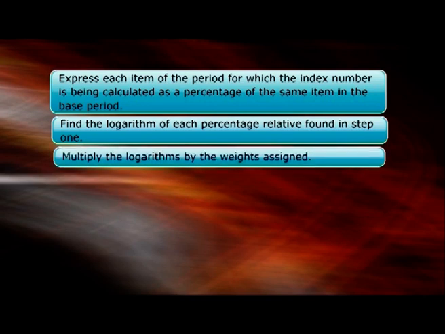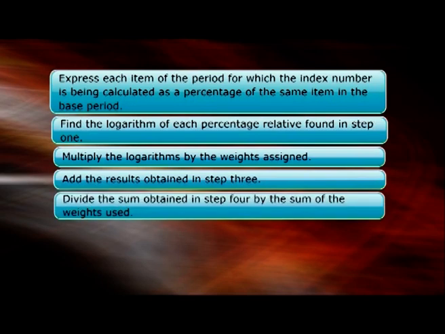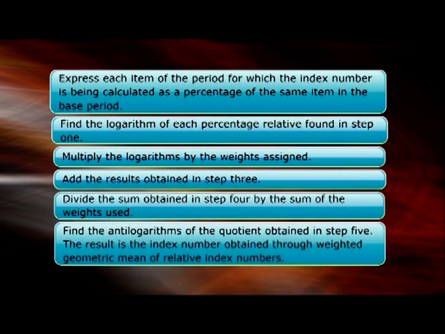Multiply the logarithms by the weights assigned. Add the results obtained in step 3. Divide the sum obtained in step 4 by the sum of the weights used. Find the anti-logarithm of the quotient obtained in step 5. The result is the index number obtained through the weighted geometric mean of relatives index numbers.